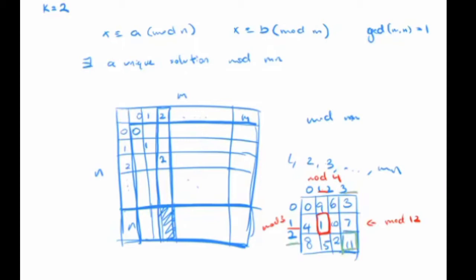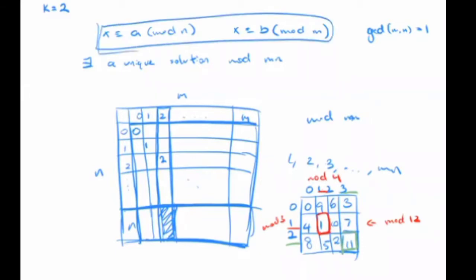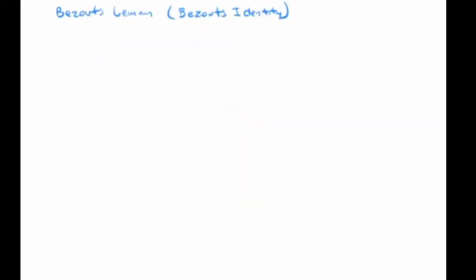So this is just an example. In the general case here, we can prove that there exists one number in each spot because no spot can contain two numbers, and there are the same number of spots as there are numbers. So if we have a system of congruences like this, there is a unique solution mod mn. This is also okay. So now we move on.